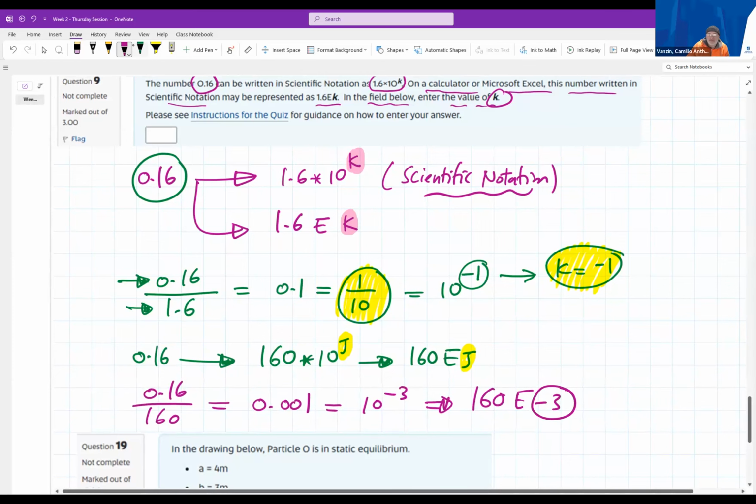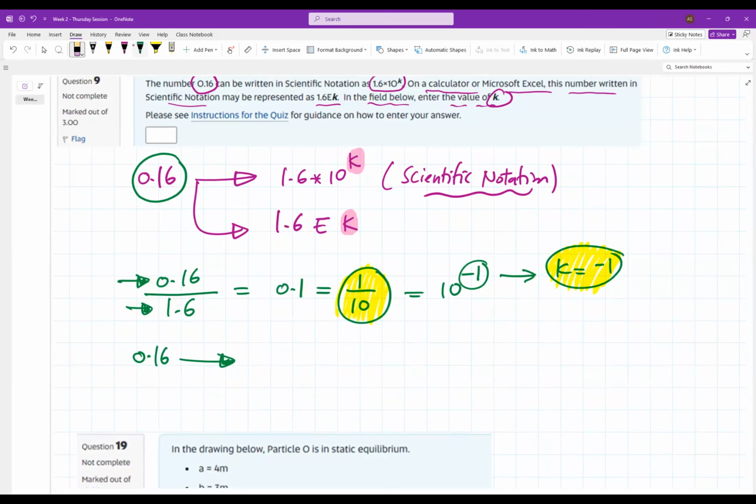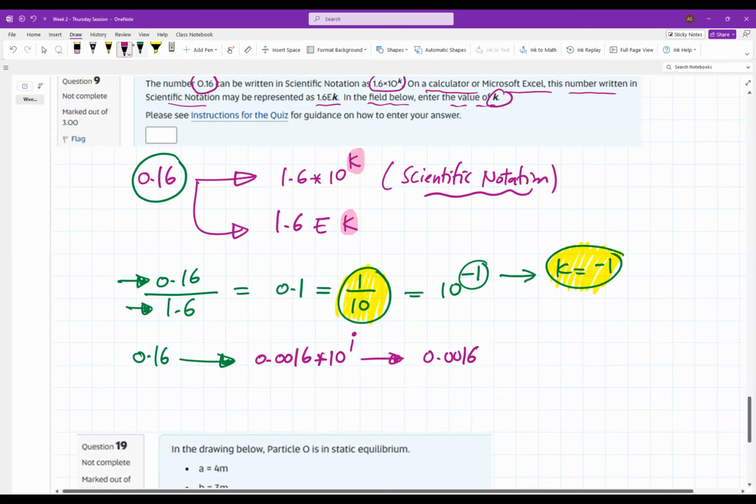Or another form, the last one. If you want to write it in the form, for example, 0.0016 times 10 to the power I, or 0.0016 E I. How much is I in this case? 2.